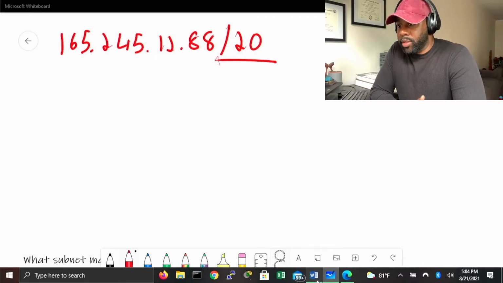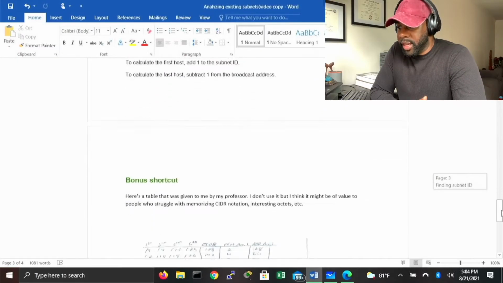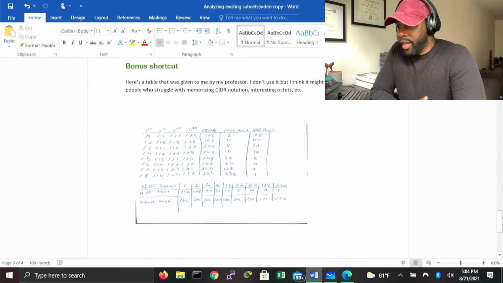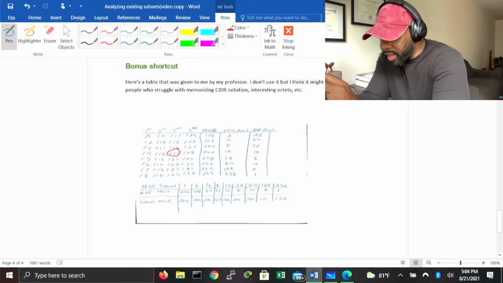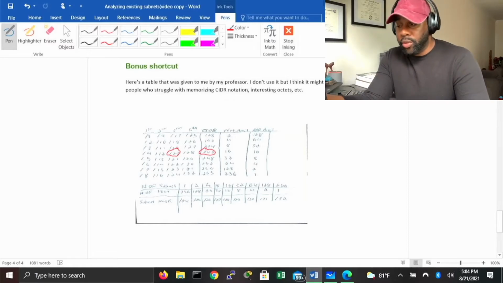My professor gave me this little table right here, and what does it tell us? It tells us /20 is right here in the third octet, which corresponds to the CIDR notation of 240.